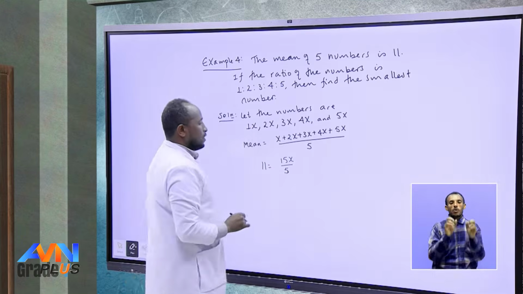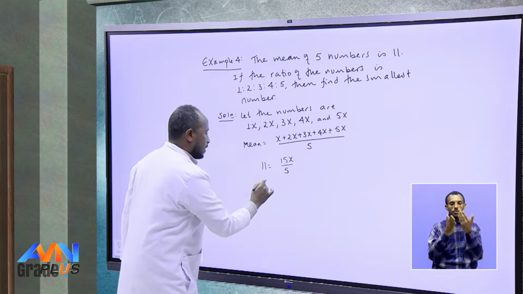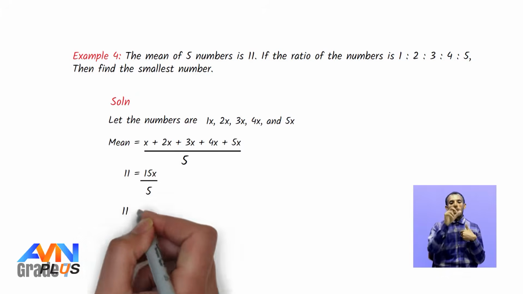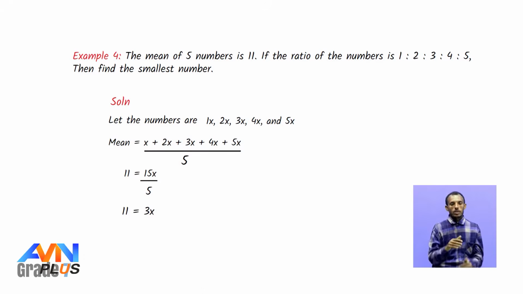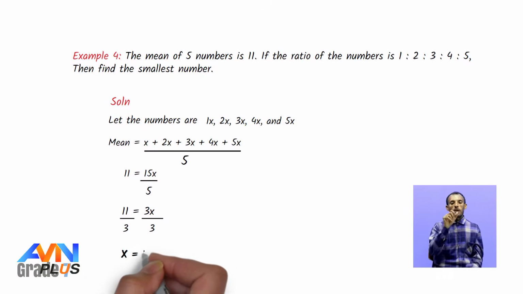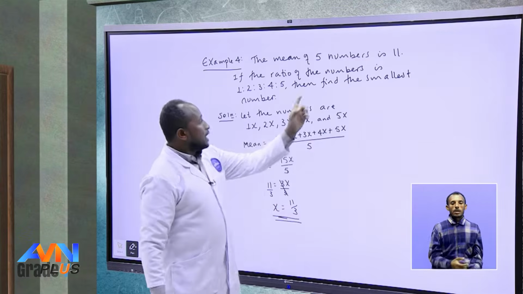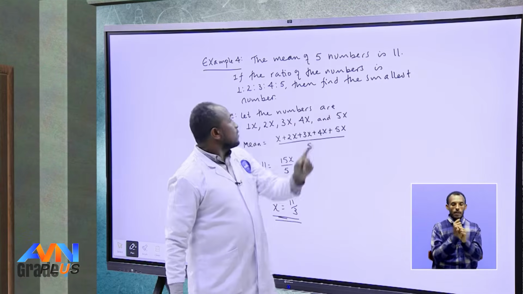Okay, let's simplify this. You have 11 is equal to 15x divided by 5, which is 3x. To find x, you divide both sides by 3. This cancels out, so x is equal to 11 over 3. Here we are asked to find the smallest of these numbers.